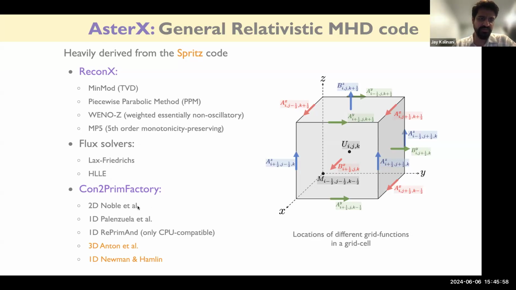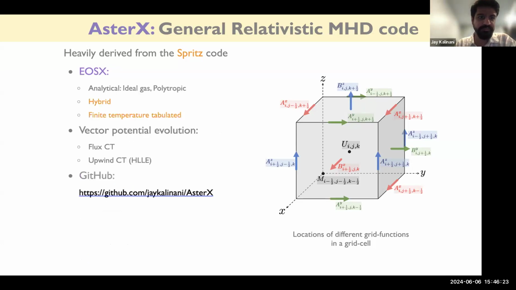There is another module, or thorn, called Con2PrimFactory, where we provide two Con2Prims based on 2D Noble and 1D Palenzuela et al. We have also coupled the RePrimAnd library, but this is currently only CPU friendly. So we are on the way to porting that to GPUs, and also trying to include other Con2Prims in this module.